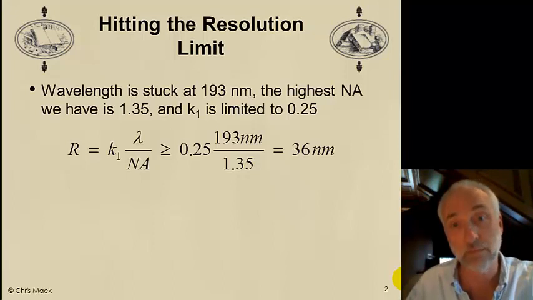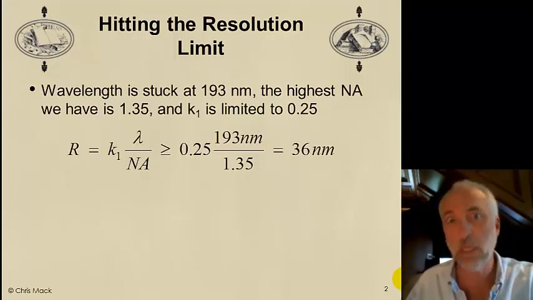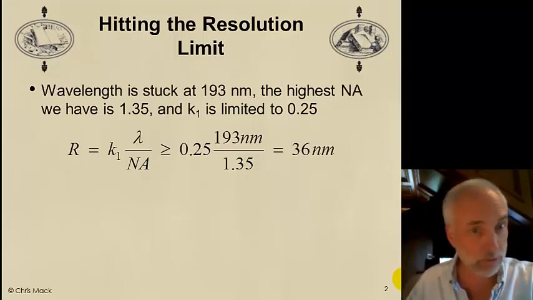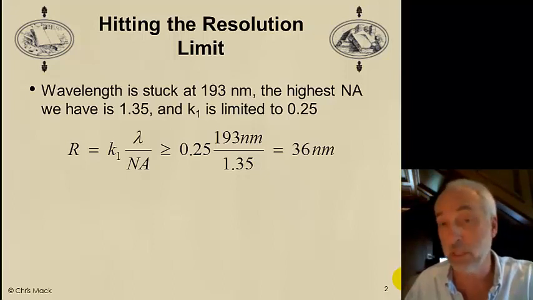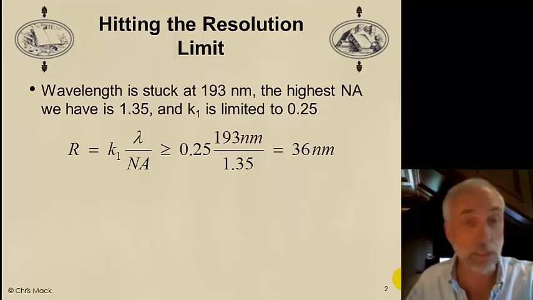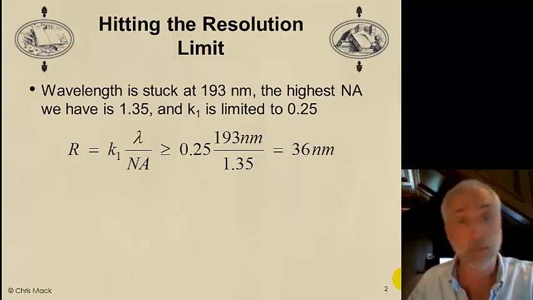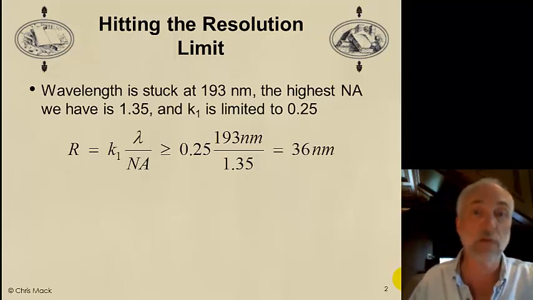We'll talk about EUV lithography and its possibilities in an upcoming lecture. The highest numerical aperture we have available today is 1.35 for immersion lithography. And again, there doesn't seem to be anything on the horizon, at least in the next 5 years, to enable that numerical aperture to be larger than 1.35.